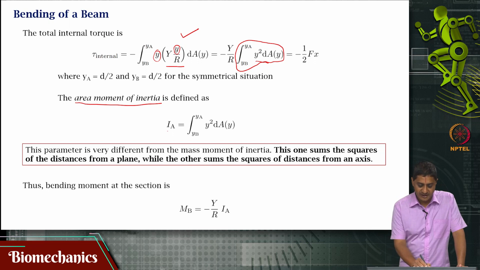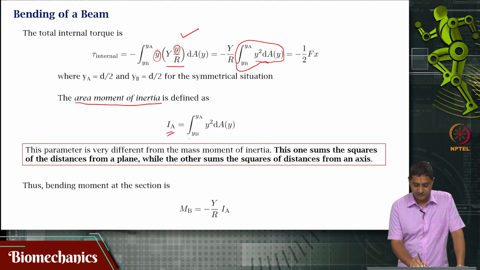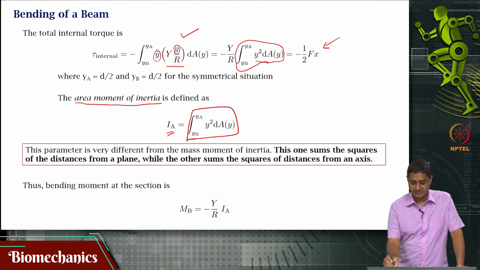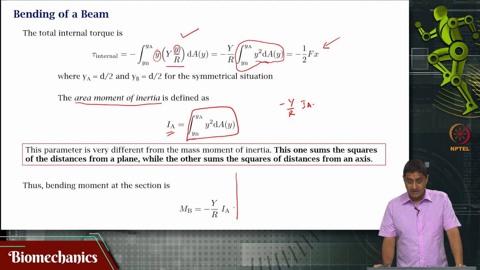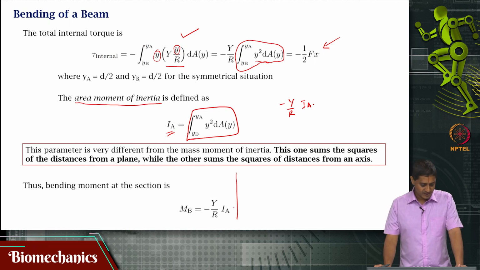Now, I substitute for this as IA in this equation, then I will get the bending moment at the section as minus y by r times IA, is it not? That is the bending moment. So, MB, the bending moment MB is minus y by r times the area moment of inertia.